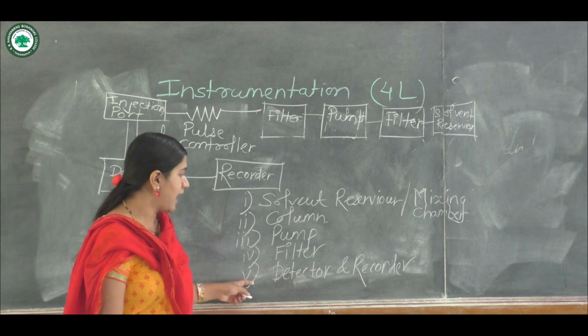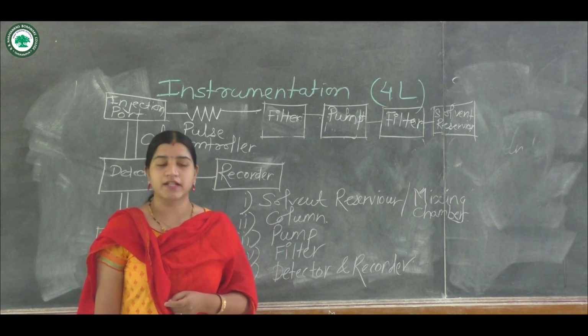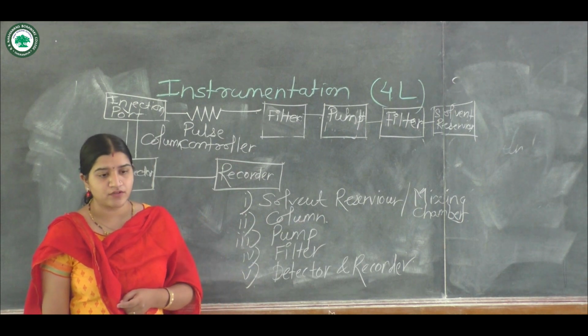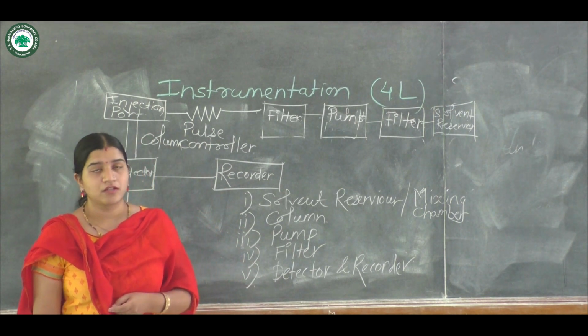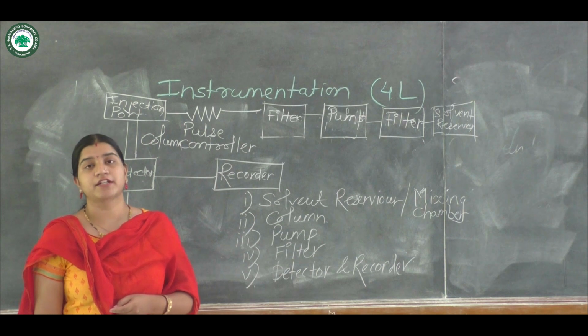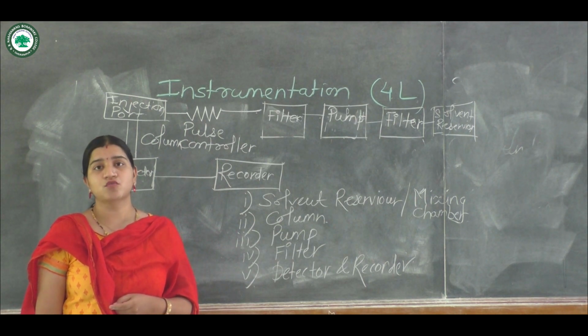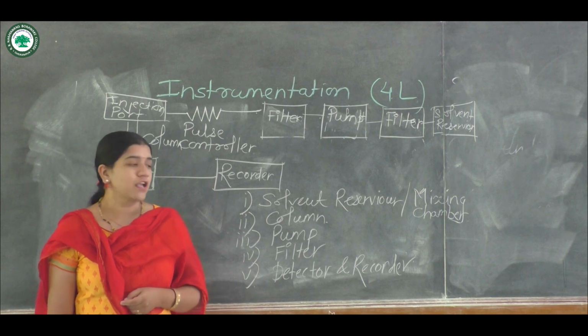And the last part is the detector. Different types of detectors are there, such as refractive index detector, light scattering detector, UV absorbance detectors, and sometimes a dual detector. Two detectors are also used simultaneously in the case of HPLC.